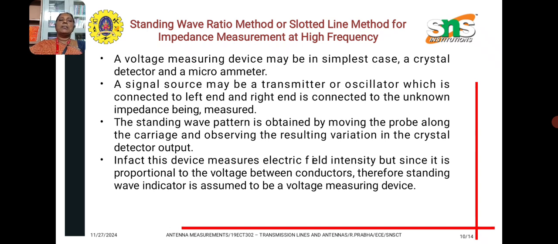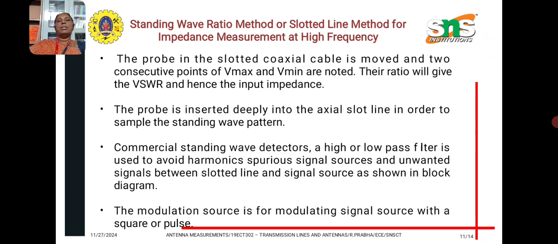The standing wave pattern is now obtained by moving the probe along the carriage and observing the resultant variation in the crystal detector output. In fact, this device measures electric field intensity, but since it is proportional to voltage between the conductors, the standing wave indicator is assumed to be a voltage measuring device. Now the probe in the slotted coaxial cable is moved, and two consecutive points of Vmax and Vminimum are noted.